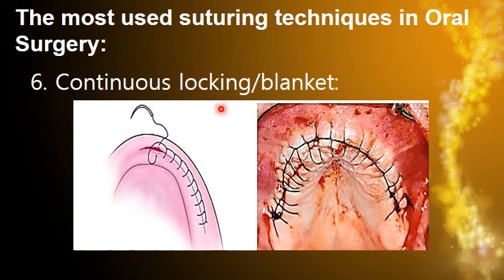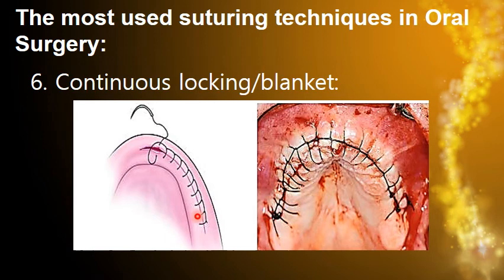While in the continuous locking blanket suture, in this type, I will start, as we said, with a simple interrupted suture, do a knot, then enter it into the tissue.